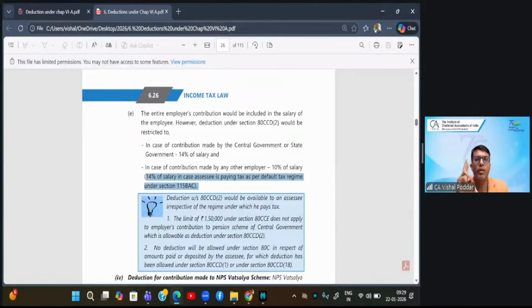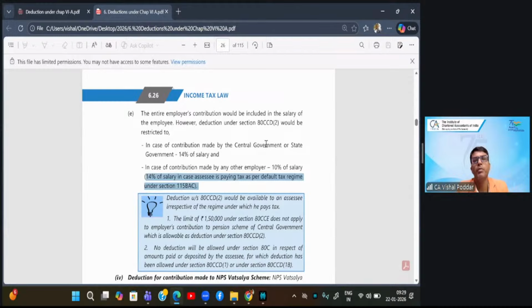Second point, if you are in the new scheme and you are claiming this deduction, then for you, the deduction is 14% of salary, whether it is government, whether it is private employer. However, if you go to the old scheme, you first get the above two deductions also, of 80CCD1 and 80CCD1B, that is both for your own contribution, plus you get contribution of employer.